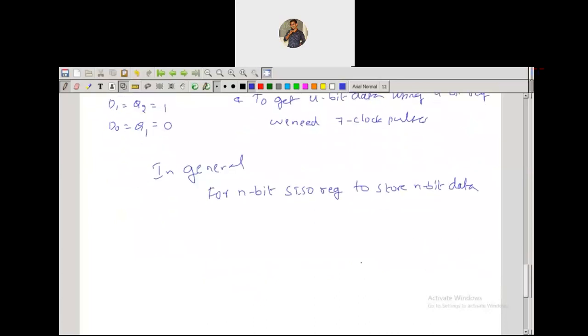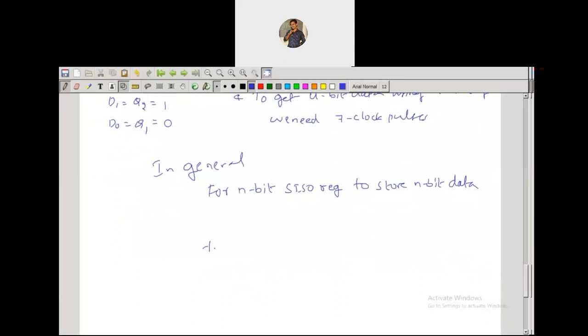And similarly, to extract n-bit data, how many clock pulses are needed? My dear students, answer me this question. For an n-bit SISO register, to store the n-bit data, how many clock pulses are needed? And to get the n-bit data, how many clock pulses are needed?